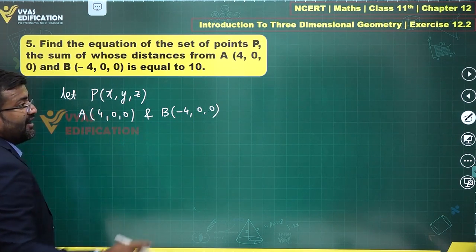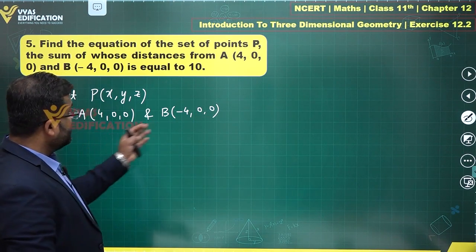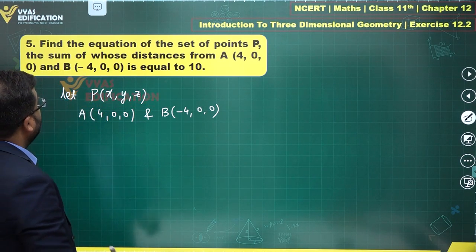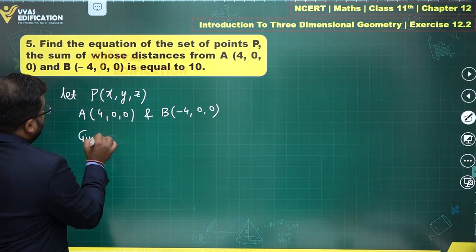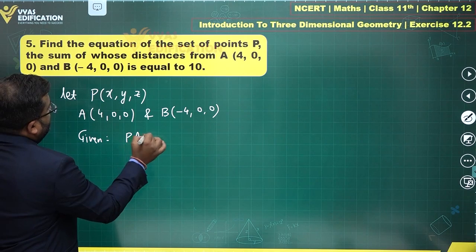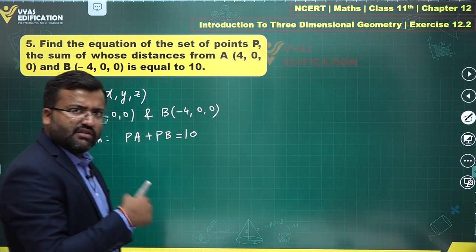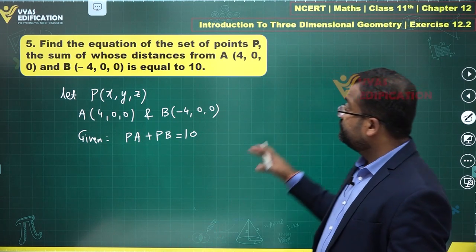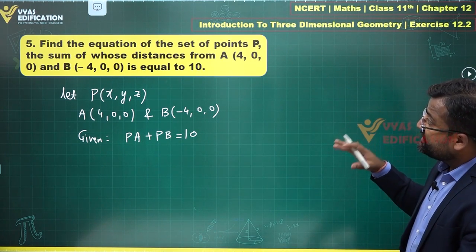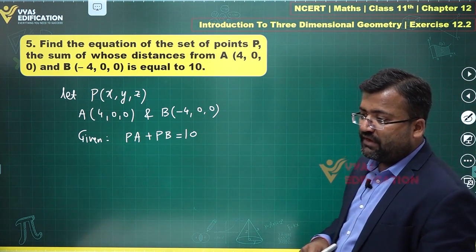These points lie on the x-axis, one on positive x, the other on the negative x. And it is given the sum of the distances is equal to 10. Please note that.